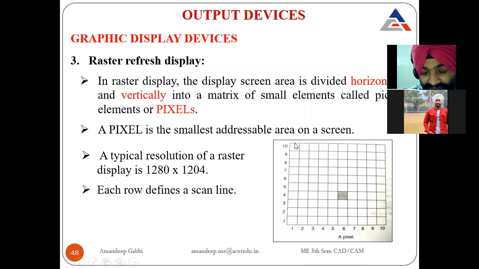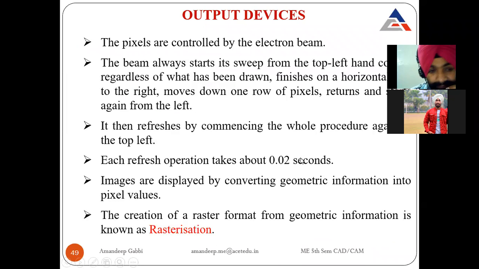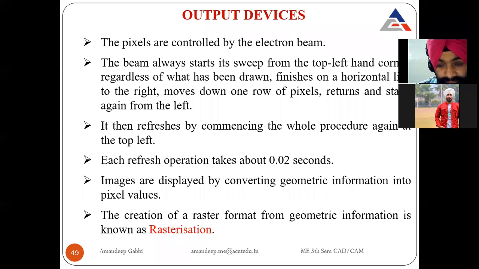The beam finishes a row horizontally to the right, moves down to the next row of pixels and returns, again going from left to right. It then refreshes by commencing the whole procedure again from the top left corner. It is repeated again and again to generate an image.